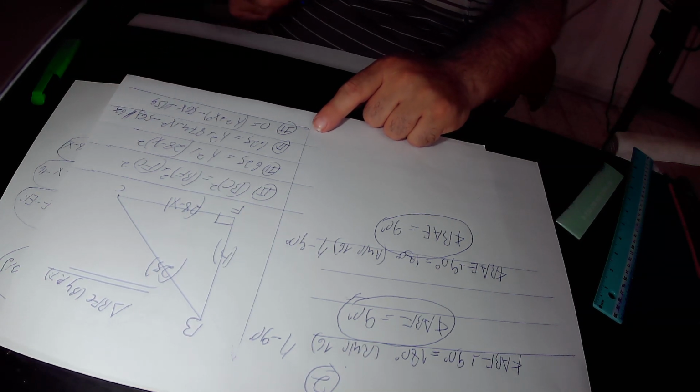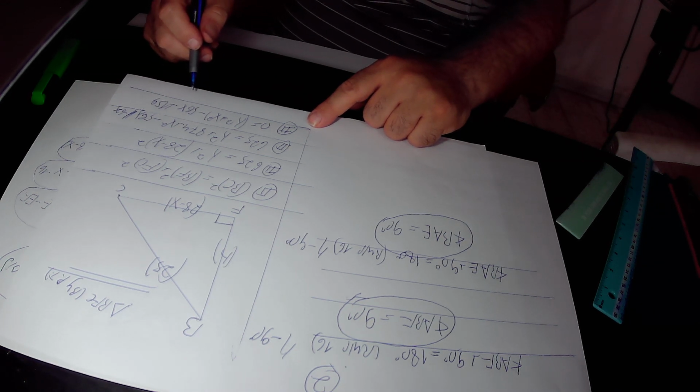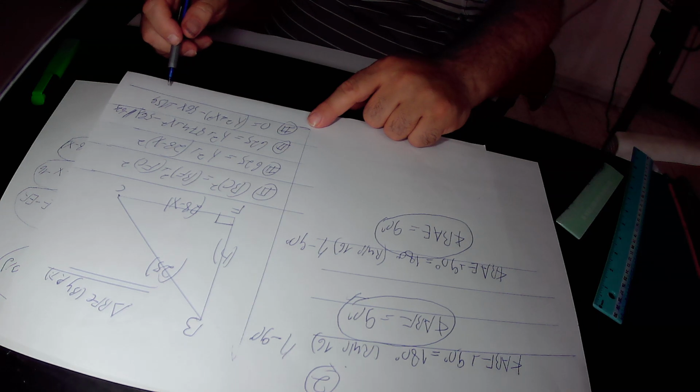So according to equation 2, 0 equals x squared plus x squared minus 56x plus 159.